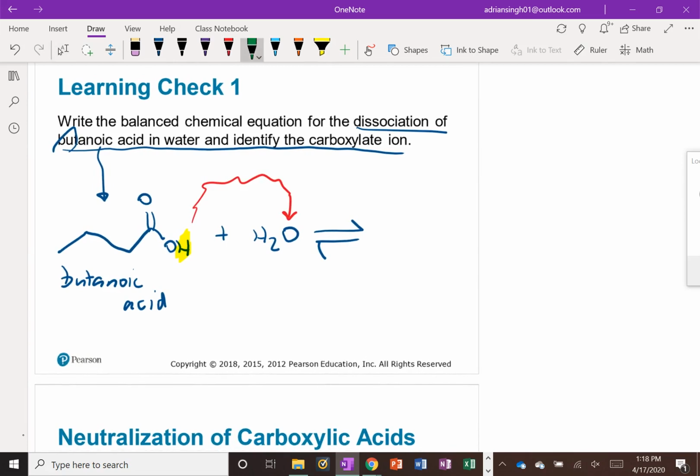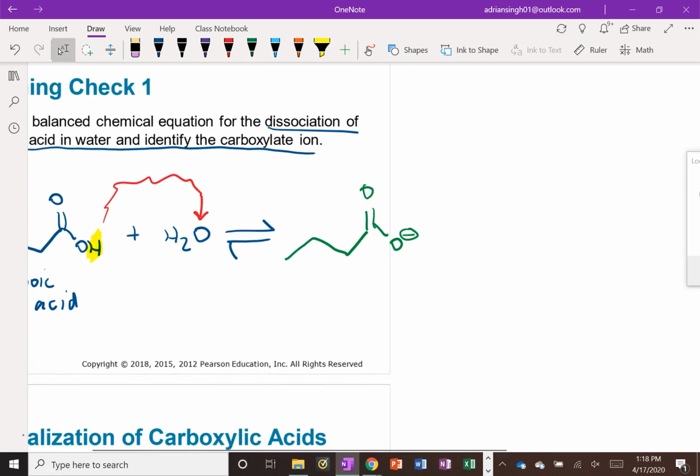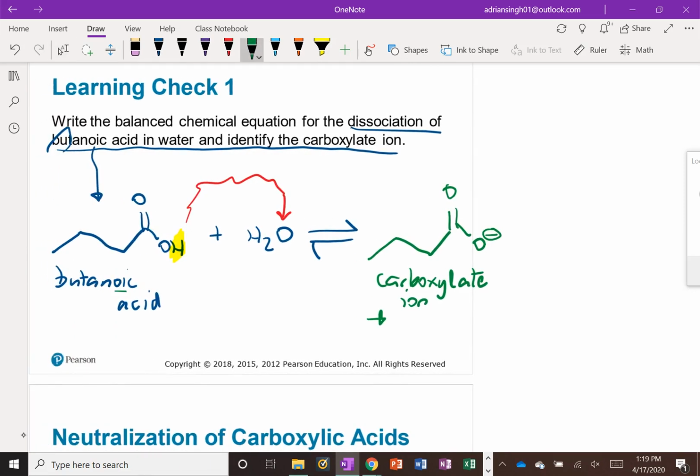So our product now is going to have 1, 2, 3, 4. We haven't changed the number of carbons, but now we've taken away an H+ from it. So we end up with the carboxylate ion, and now we're going to change the ending.